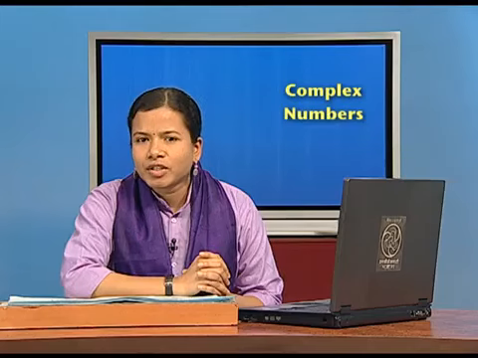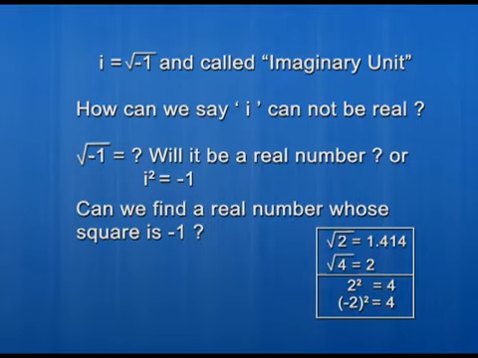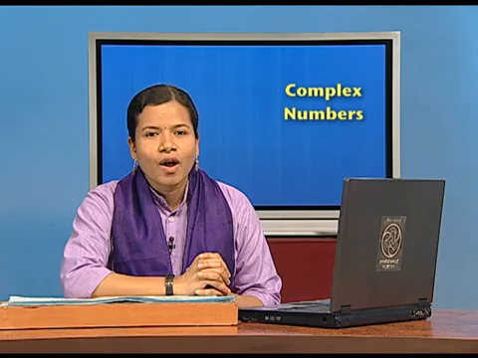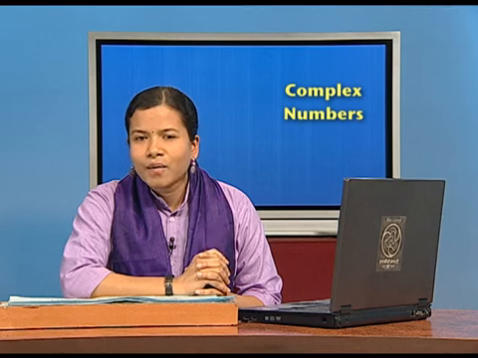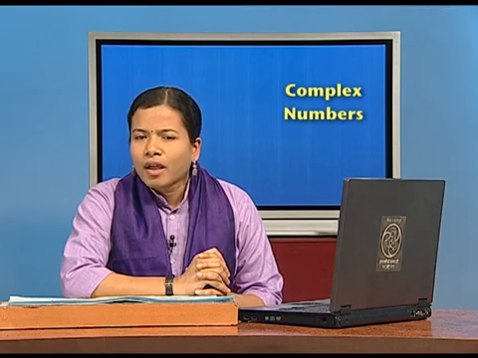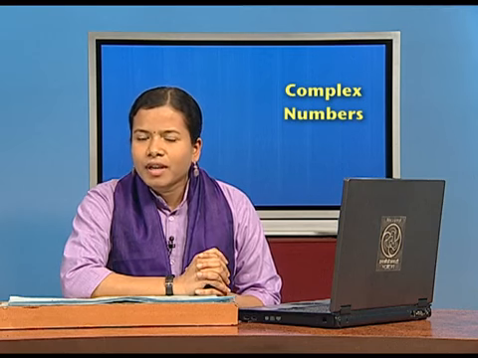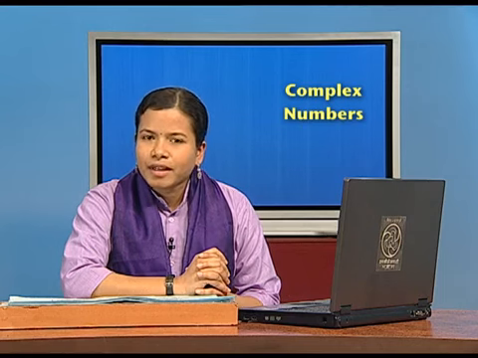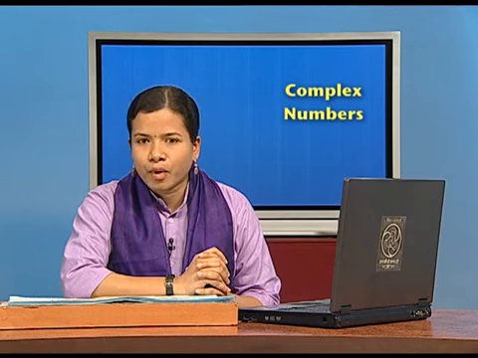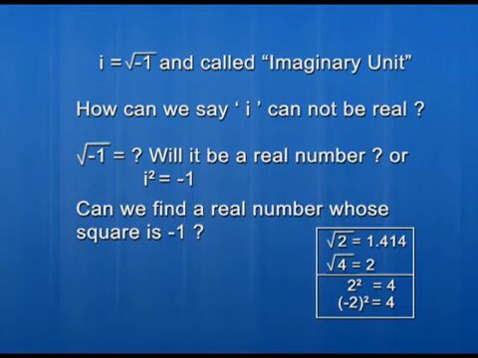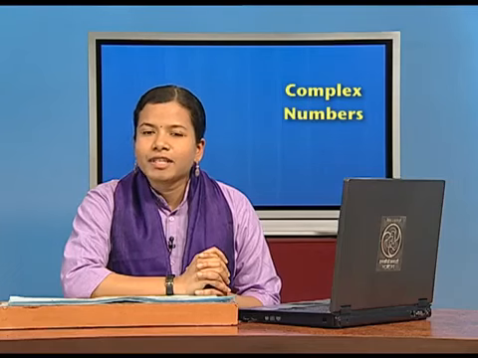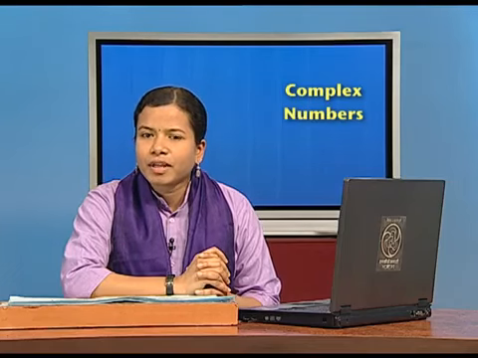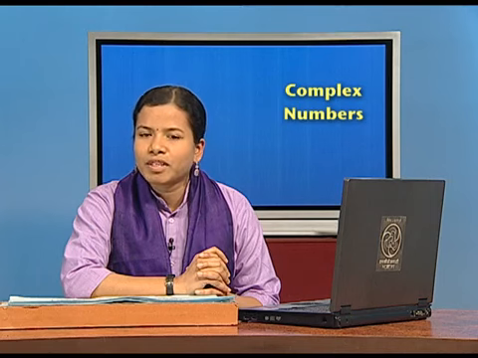Now the same question can be asked as, can I find a real number whose square will be a negative number? Obviously not. You must have seen that the square of a real number is always a positive number. If we take the square of a positive real number, it will be a positive number, and if we take the square of a negative real number, then also it is a positive number.